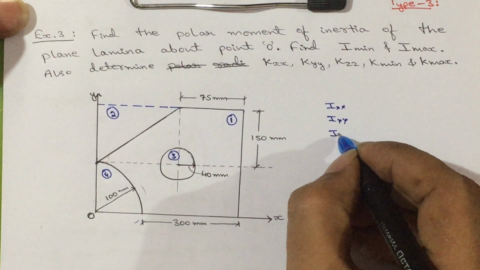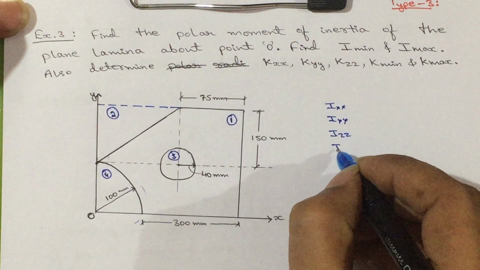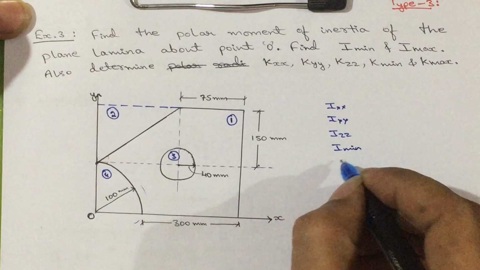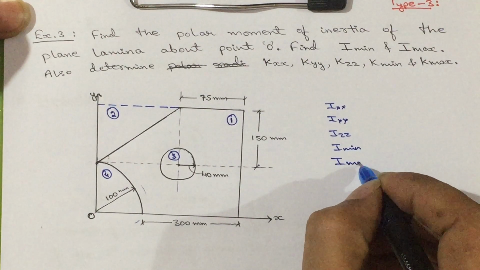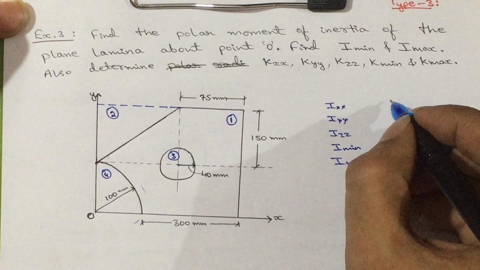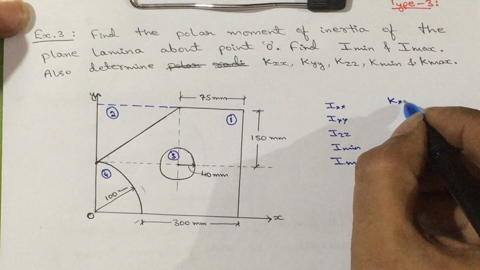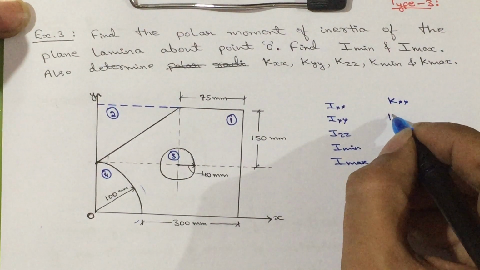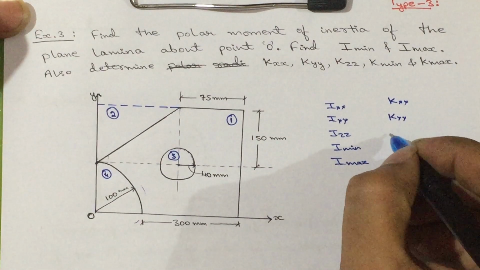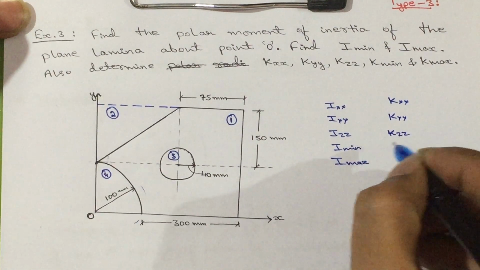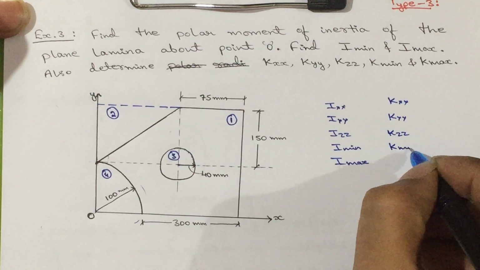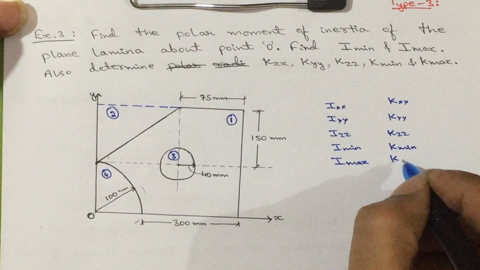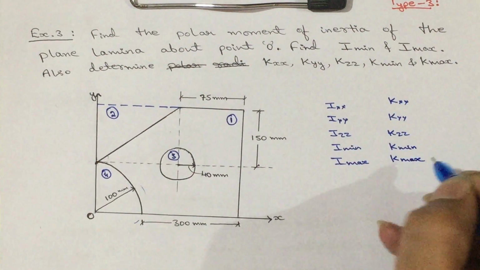Then from that I am going to get Izz, then I minimum, I maximum. Then I need to calculate kxx, that is radius of gyration in x direction, kyy, then kzz, then k minimum, then k maximum.